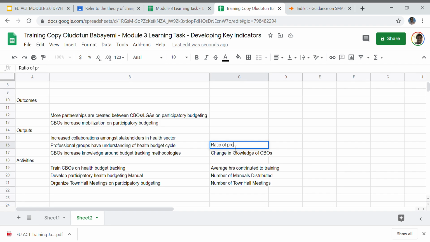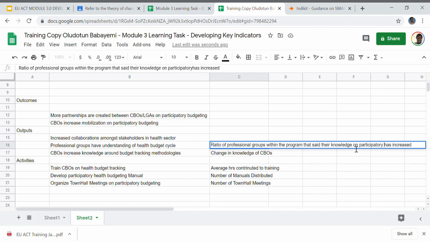Ratio of professional groups within the program that said they understand, that their knowledge on participatory budgeting has increased.